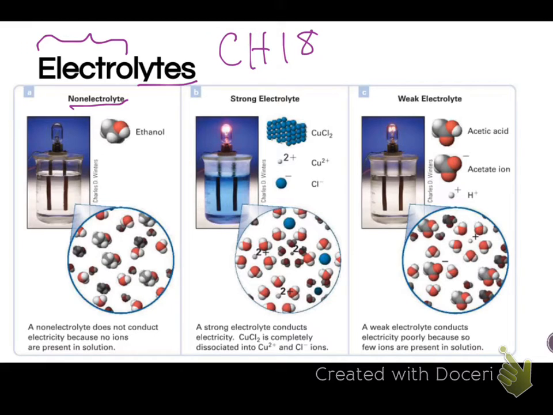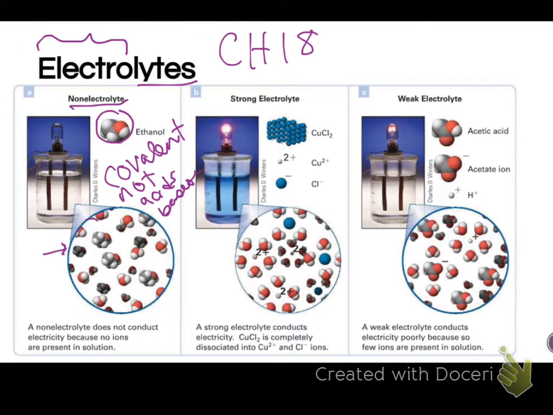So non-electrolytes are covalent compounds that are not acids or bases. In the laboratory demonstration, we used sugar. When I put sugar in water, it dissolves, but it doesn't conduct electricity. We also tested ethanol, which is just alcohol, and this little molecule here.